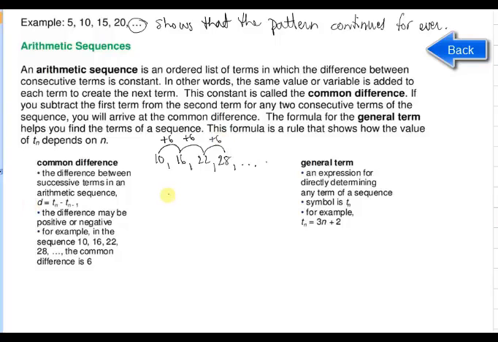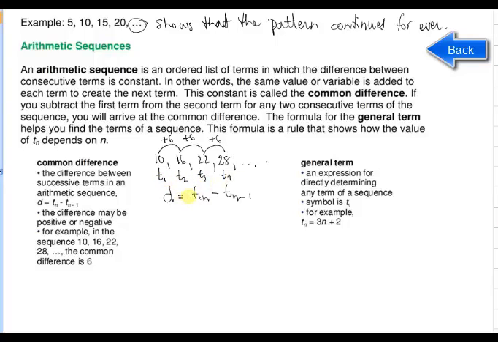So how do we use this formula? Well, the common difference is equal to t subscript n minus t subscript n minus 1. So let's say that this is t1, and the 16 is t2, and the 22 is t3, and the 28 is t4.